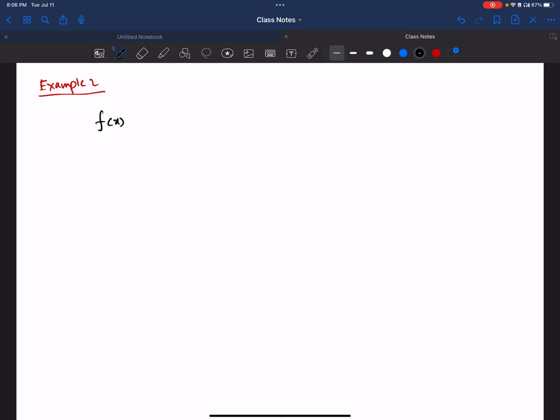f(x) equals x squared. Okay, prove that the limit as x goes to 2 of x squared equals 4, right?